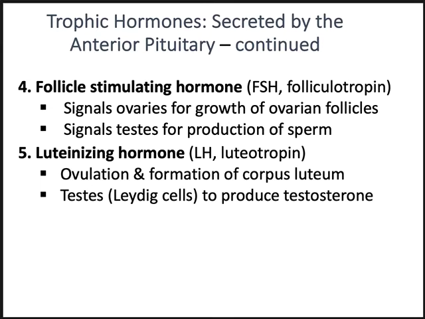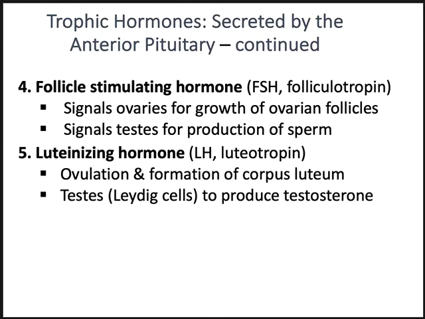We'll talk a lot more about this in the last chapter, the reproductive system. But for now, just know that LH and FSH are important for the ovarian cycle and ovulation.